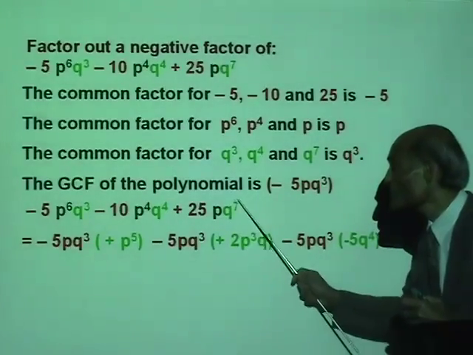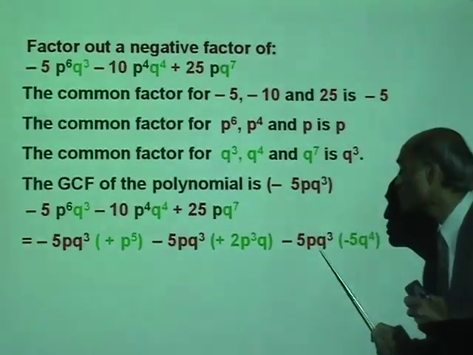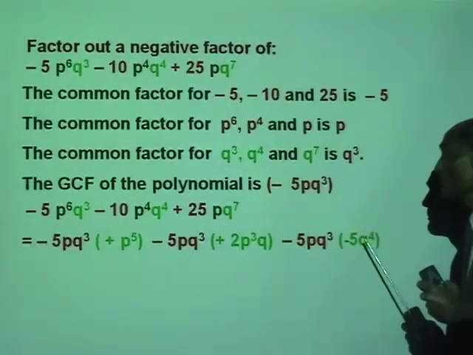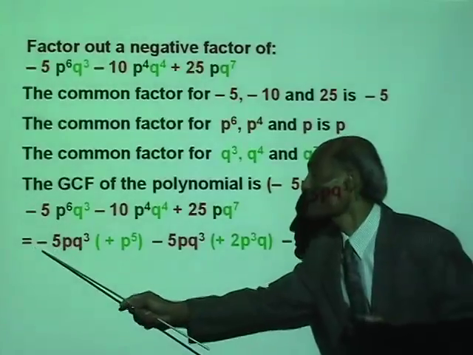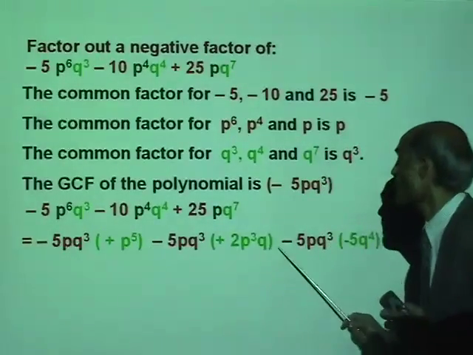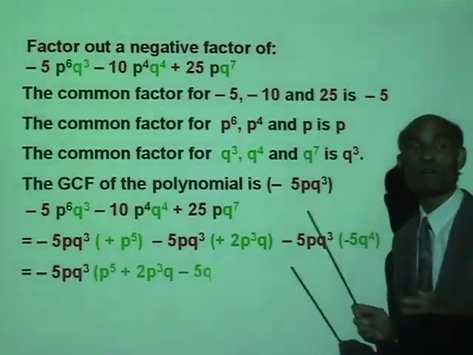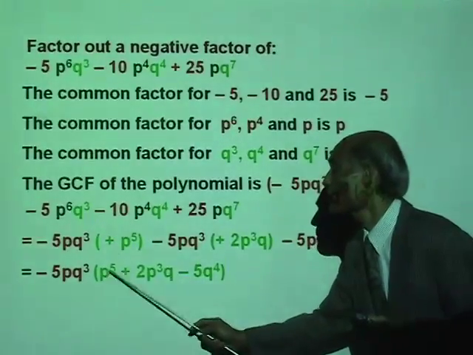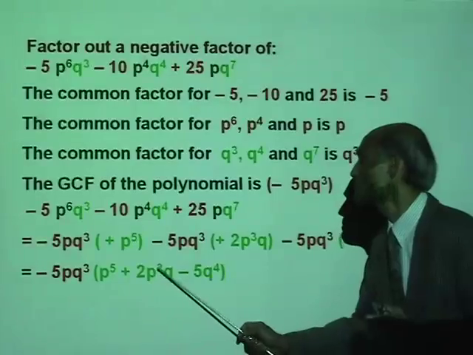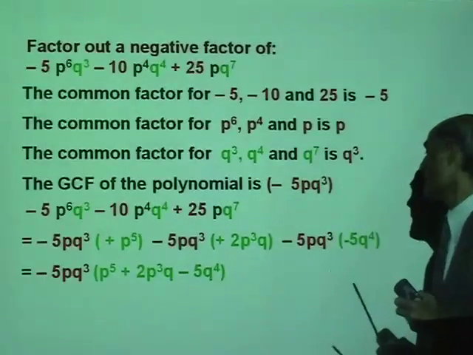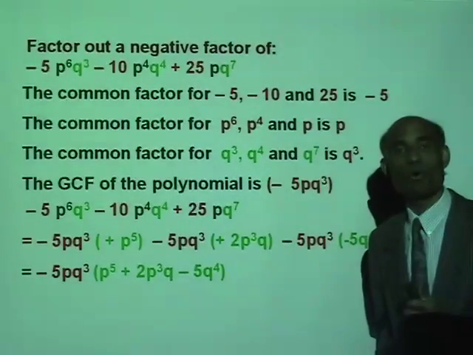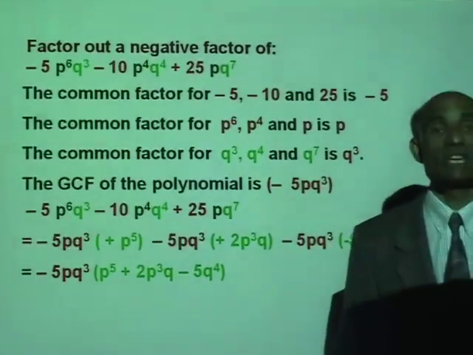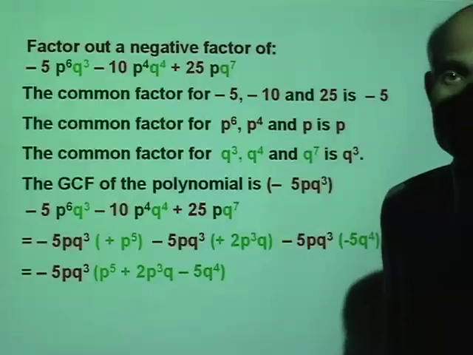From q to the 7 we factor out a q cube. What is left is q to the power 4. And now we factor out the negative 5p q cube, leaving inside the parenthesis p to the power 5 plus 2p cube q minus 5q to the 4. And that is the result of factoring out the greatest common factor.